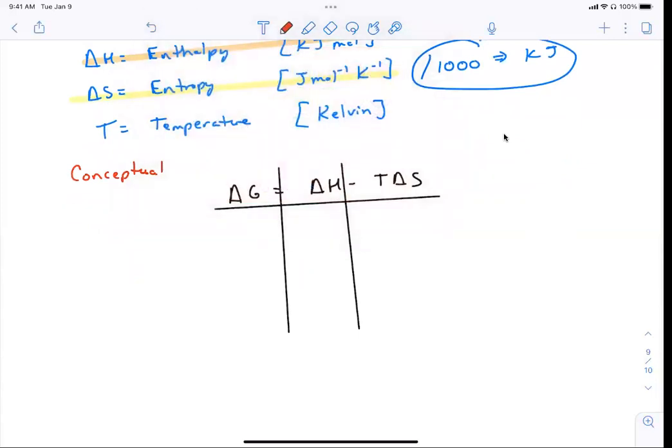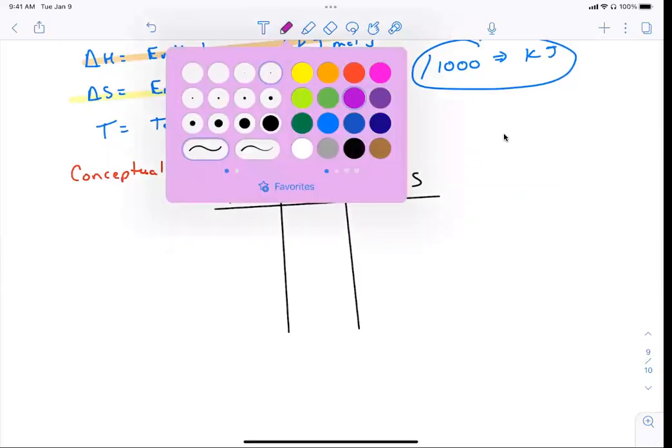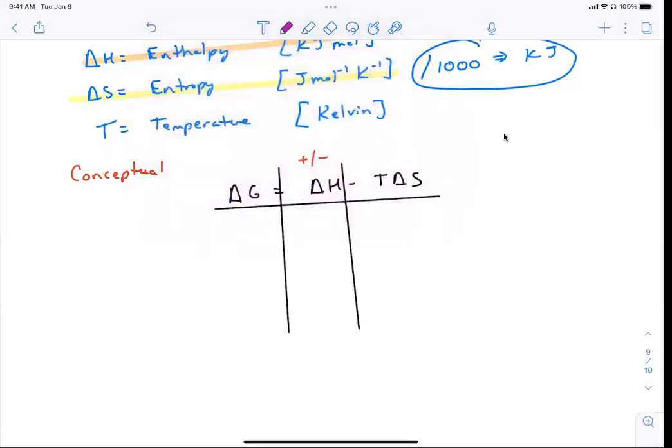Now, what are the possible signs of delta H? Positive or negative. What are the possible signs of delta S? Don't overthink it. Positive or negative. So how many different combinations of H and S could you have?